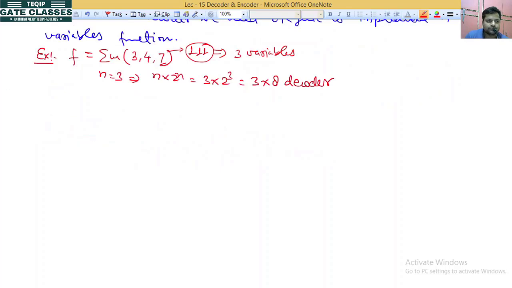Now I'm going to implement it. So we have one 3 cross 8 decoder. This is the block diagram of the 3 cross 8 decoder.